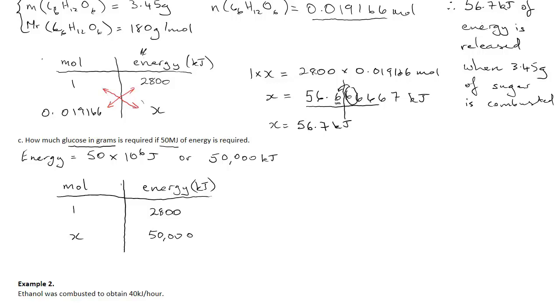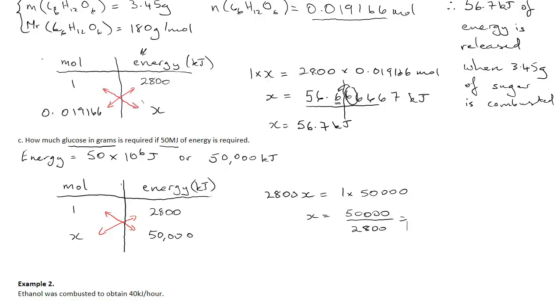So now we're going to do the cross multiplication again. So 1 times 50,000, and this times this. So I'm just going to set it up for us. 2,800 times x equals 1 times 50,000. So x is equal to 50,000 divided by 2,800. And that will give us our mole.